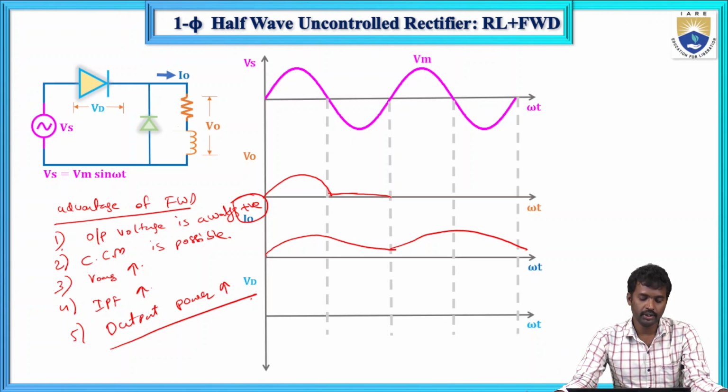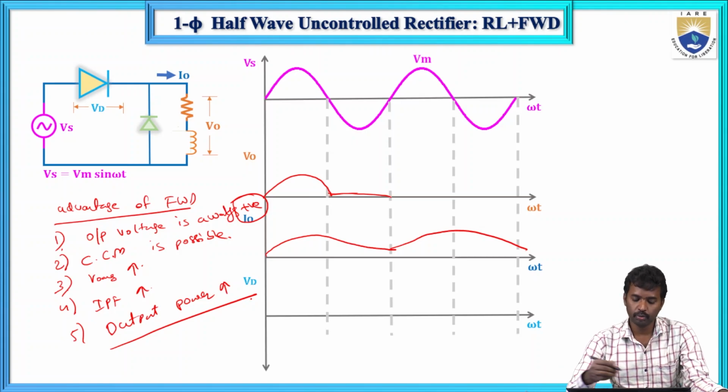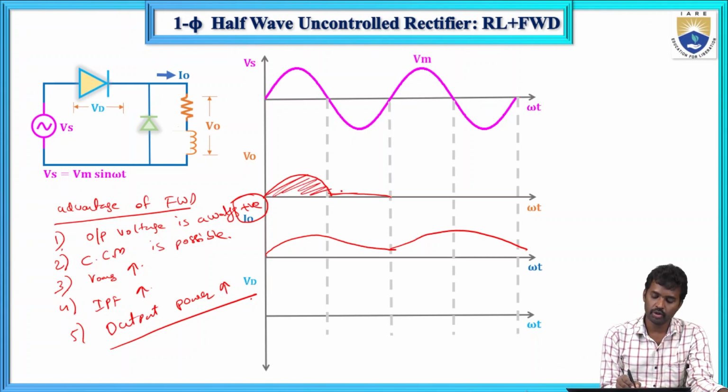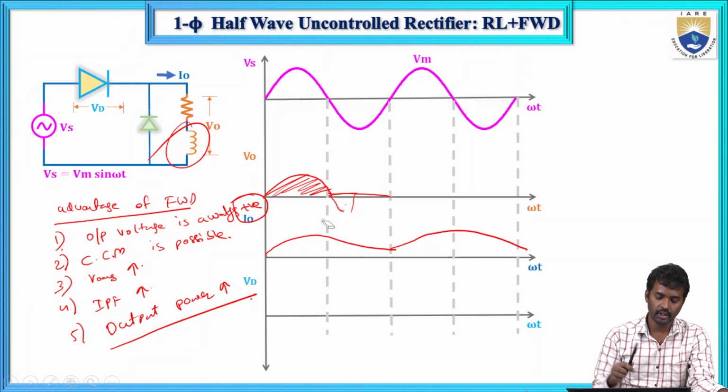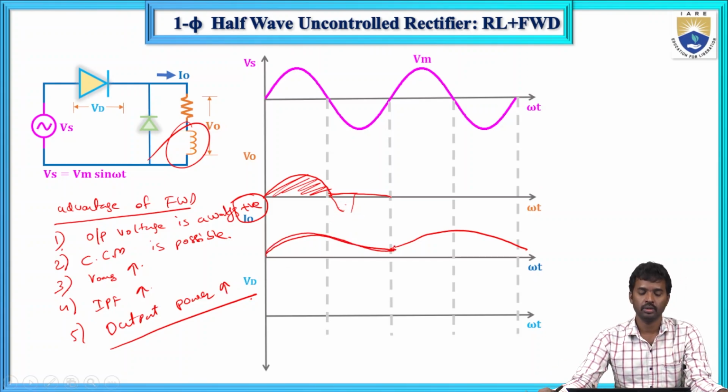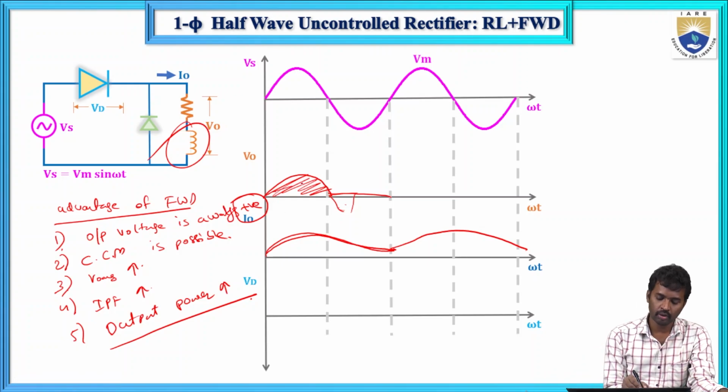First advantage: the output voltage is always positive. It should not be negative even though an inductor is present in the circuit. Next, continuous conduction mode is possible. If the output voltage is negative, this part will be reduced, so it is symmetrical, and only this much is the average value.